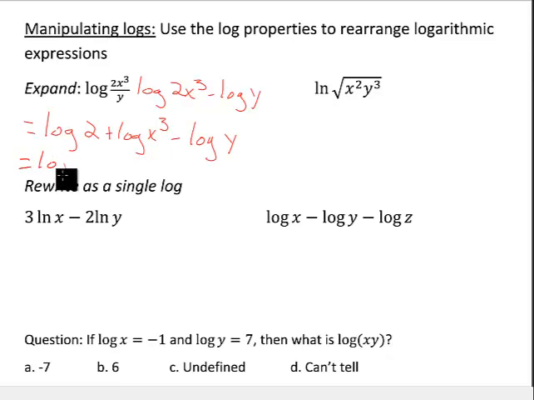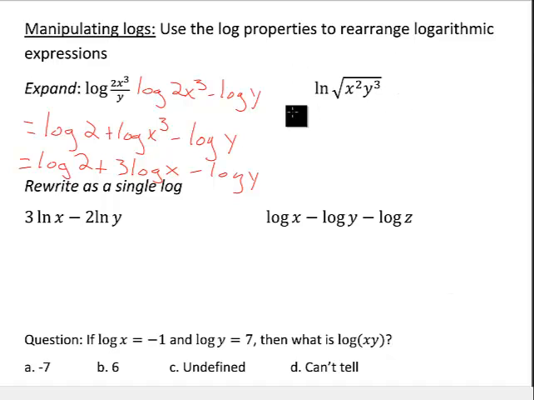So the log of 2 comes along plus 3 now of the log of x minus the log of y. Okay, so there it is. It's expanded out as much as we can get it. We're taking the log of a single term inside there, and any exponents have been pulled out.